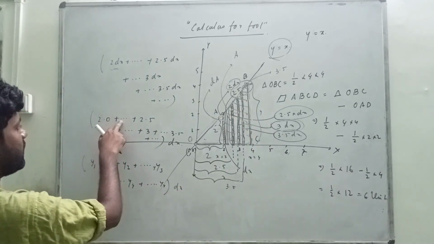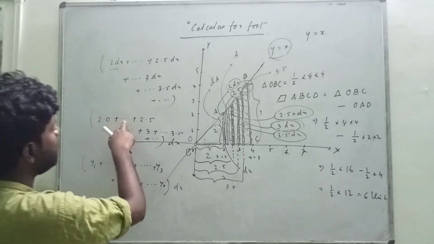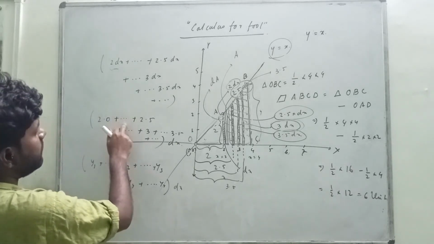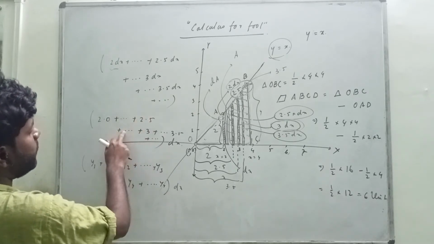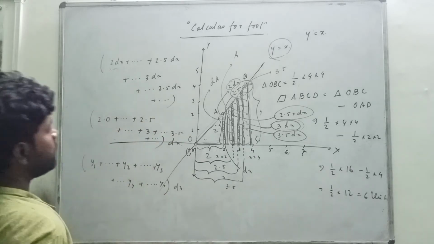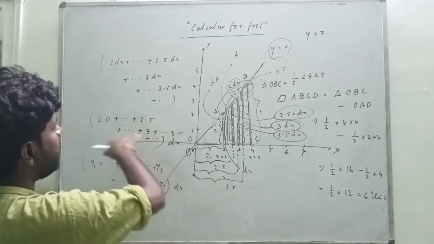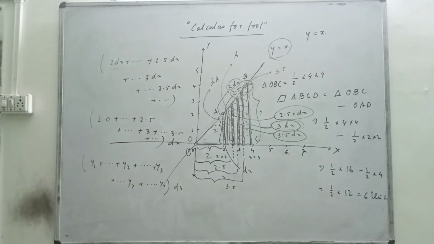2.0 plus dot dot dot means 2.001, 2.002, and so on; likewise 2.5, 2.5001, 2.5002, and 3 plus 3.001, and so many more here. So it's all y's.